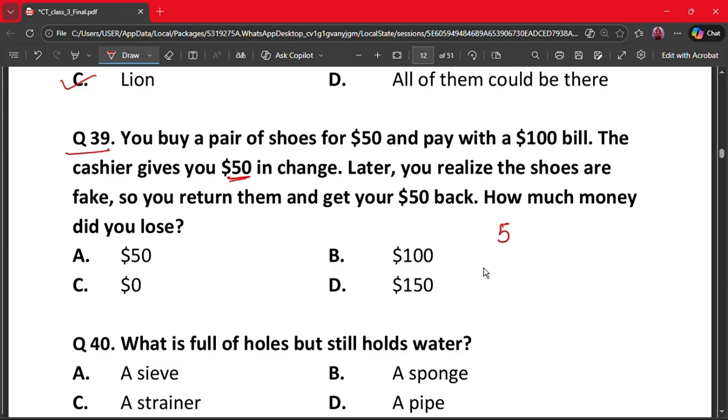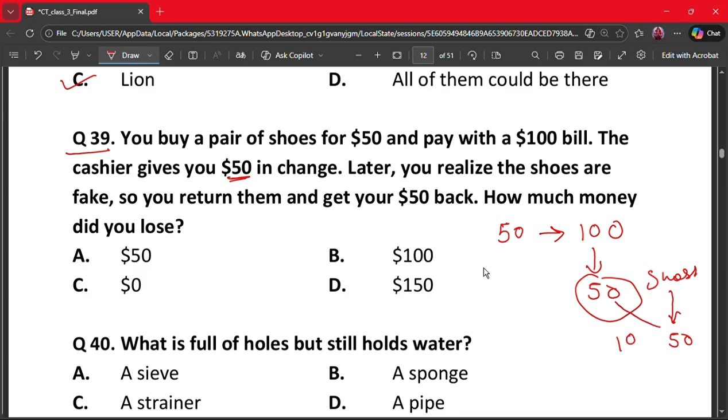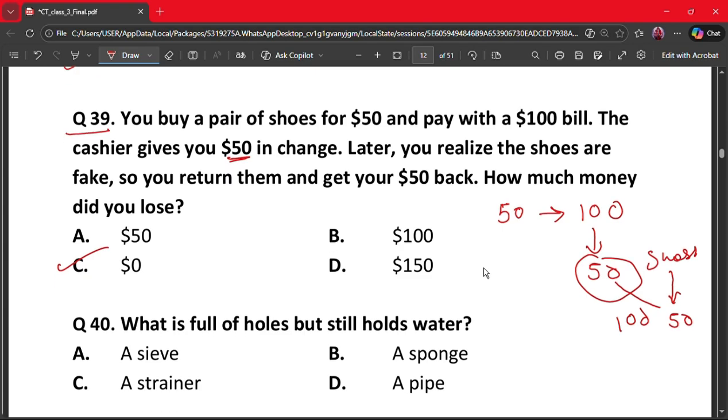So the shoes were $50. You gave him a $100 bill. He gave you back $50. So you are left with $50 now and the shoes. But you found the shoes are fake. So you return these shoes and you take your $50 back. And you again have $100. So you lose nothing. So option C is correct.